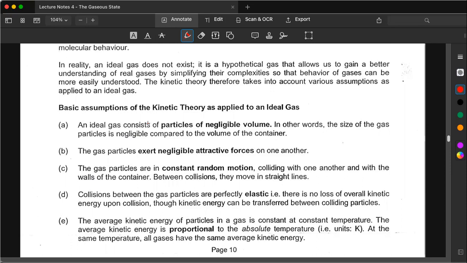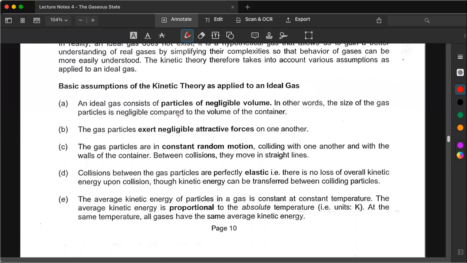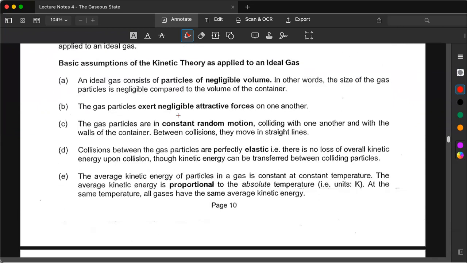The ideal gas consists of particles of negligible volume. So the size of the gas particles is negligible compared to the volume of the container. This is not possible in reality, but it means that the gas particles are so small. Now, the gas particles exert negligible attractive force on one another, which is also not possible in reality.